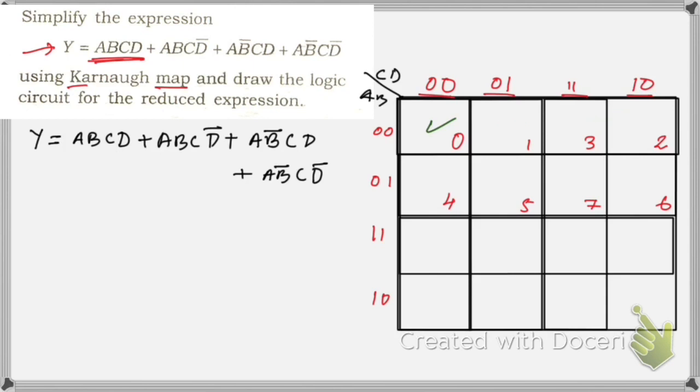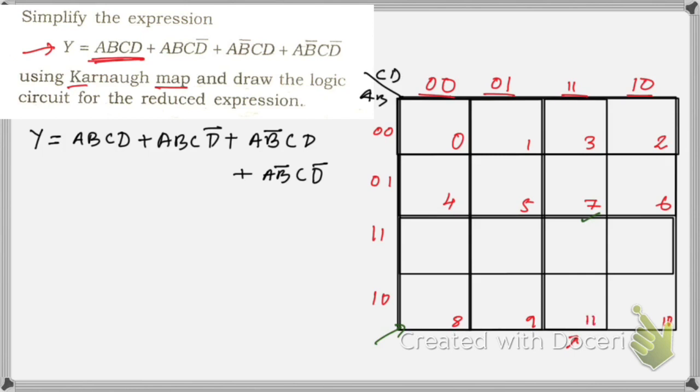So after completing this second row, let's fill this last one. Here it is 7, so we're going to start with 8. So 8, 9, then don't fill this one, this is 10, then here it is 11.